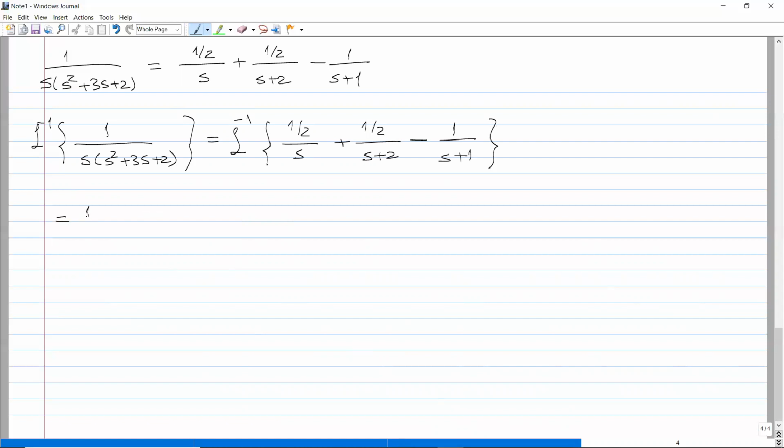All right, so 1/2 times inverse Laplace of 1 over s is 1, plus 1/2 times inverse Laplace of 1 over s plus 2, e to the minus 2t, right? Laplace of e to the at is 1 over s minus a, remember.